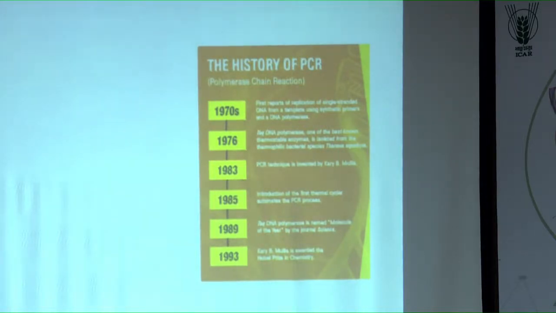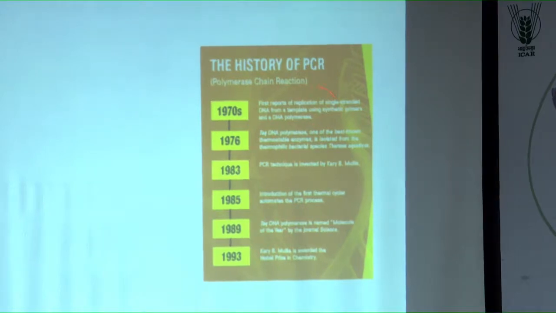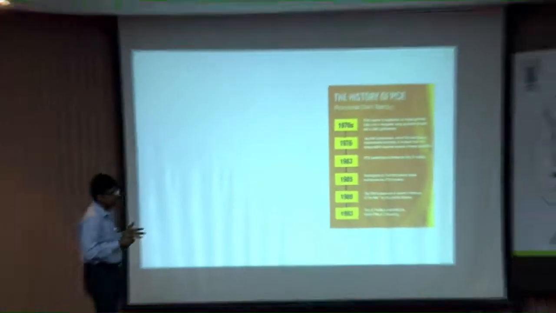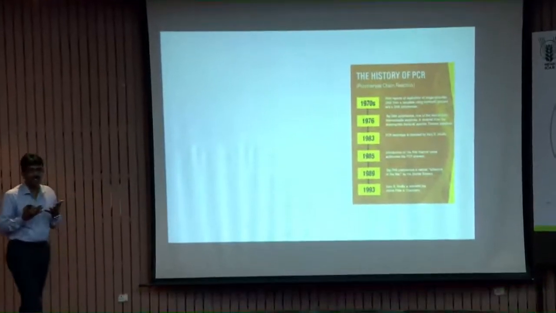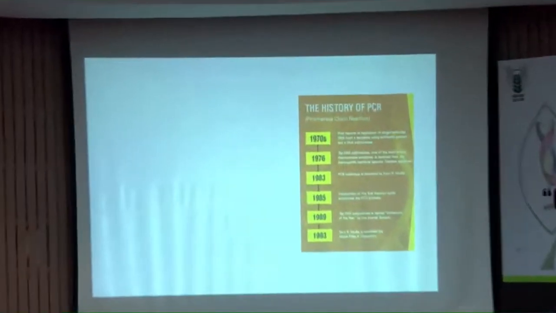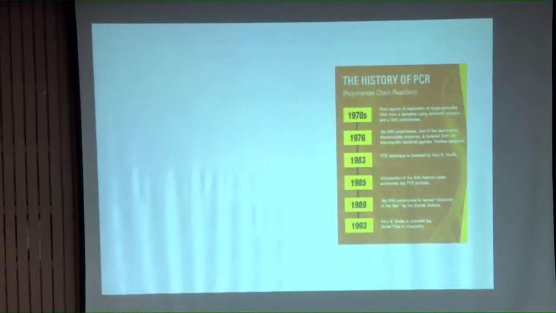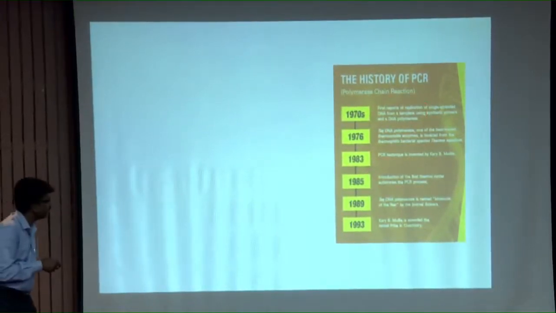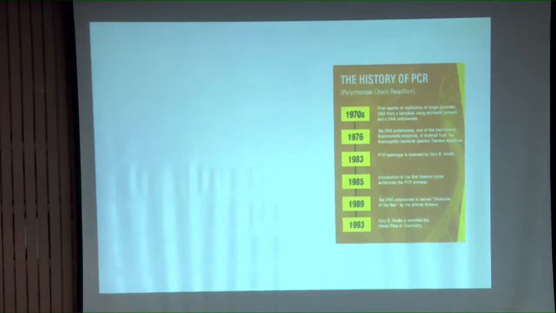For example, in the 1970s, the first report of replication of single-stranded DNA with the help of DNA polymerase, the proof of concept, had already come to science. Again, in 1976, an enzyme called Taq DNA polymerase was discovered. That was again a landmark finding.